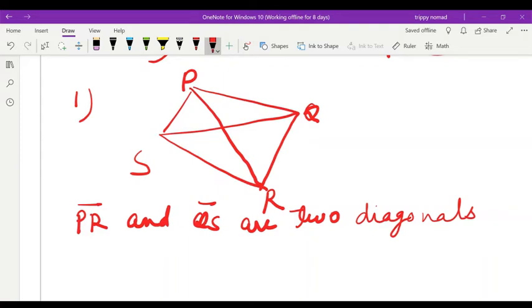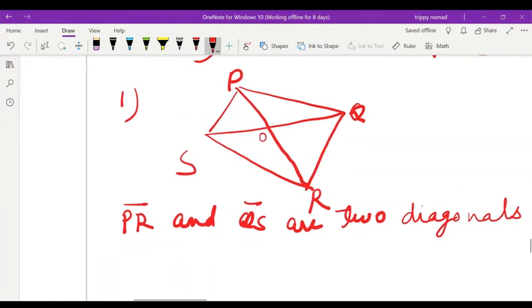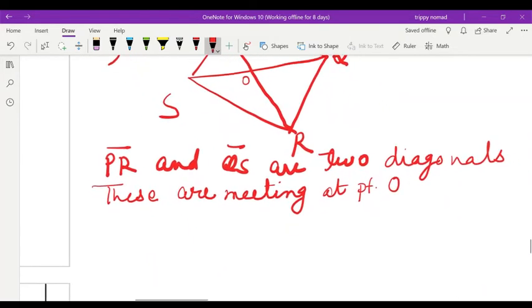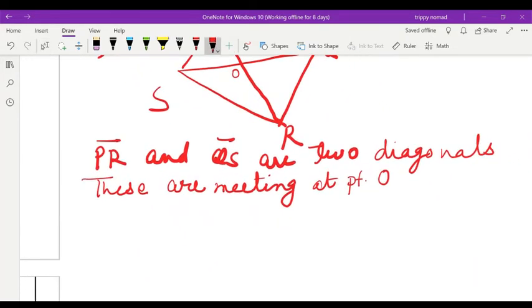And where these are going to meet, we will put its name O. And these are meeting at point O. And the meeting point of diagonals is interior.